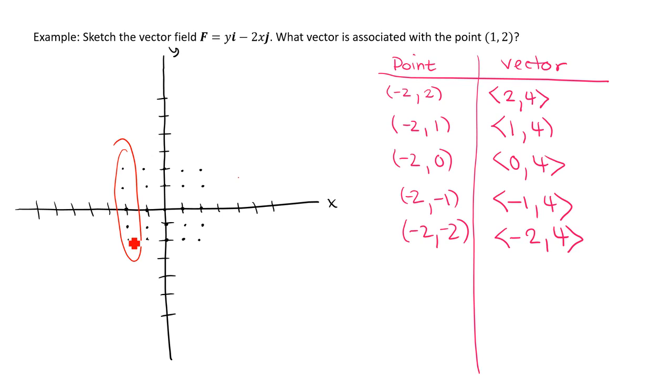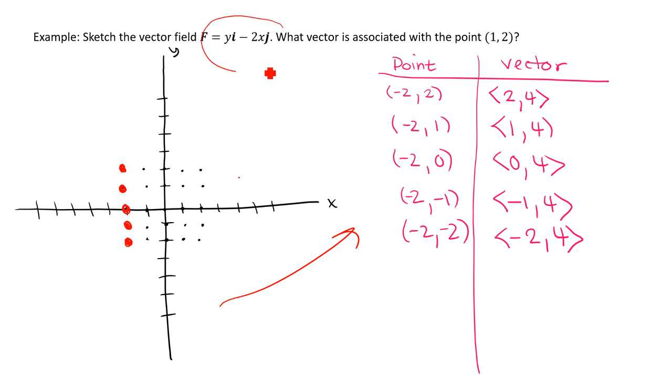The points with x equal to -2: (-2, 2), (-2, 1), (-2, 0), (-2, -1), (-2, -2). That's my collection of points, and I'm going to compute the vector at each one of those points.